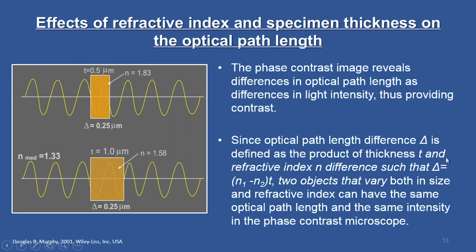Since it has this relation, you can have two objects with a different thickness and different refractive index to produce a similar intensity.